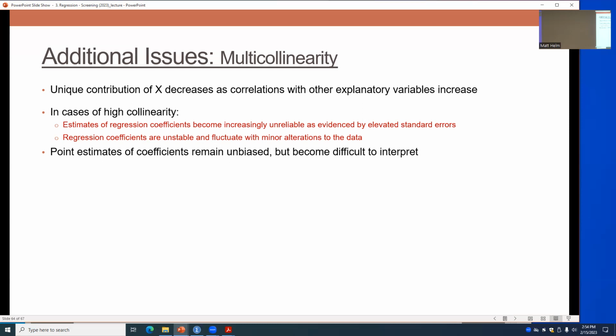So my parameter estimates for my actual predictors aren't biased, but they become difficult to interpret because my standard error gets all thrown out of whack, right? Generally, my standard error is too big, right? So I might have something that looks like a very strong coefficient, but my p-value is very large because my standard error is through the roof, just because I've got so much collinearity going on, right?